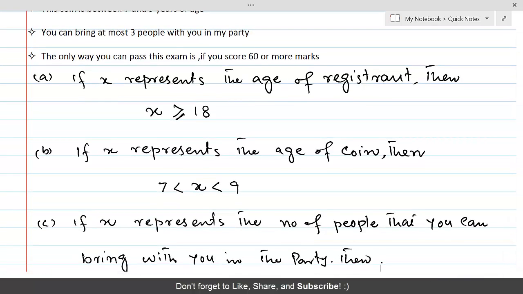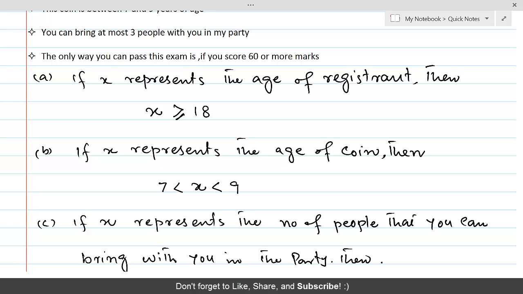That means you can bring 2 people, or you can bring 1 person, or maximum you can bring 3 people. But is the number 3, the reference value itself, part of this? Yes, if you bring 3 people, that's fine too.